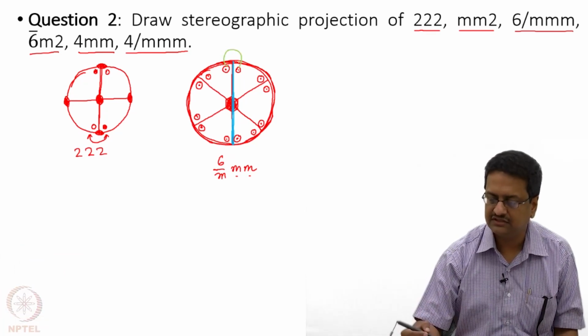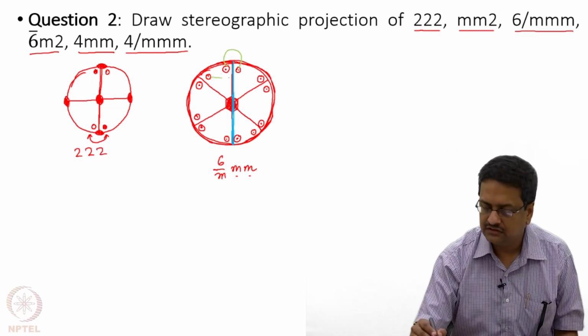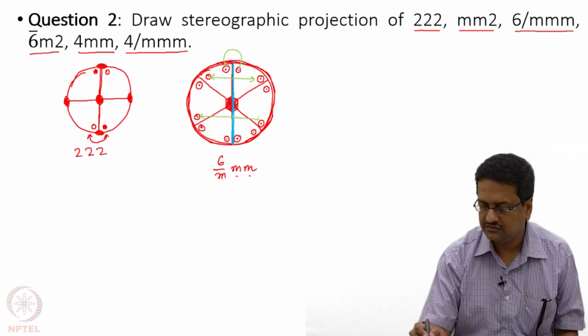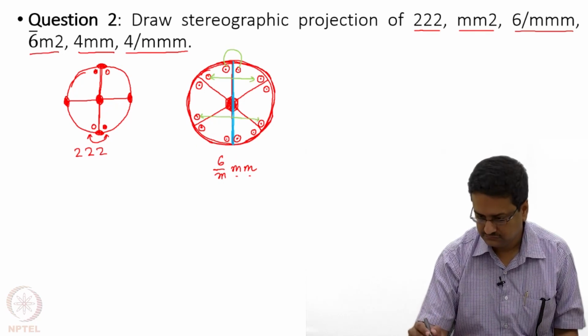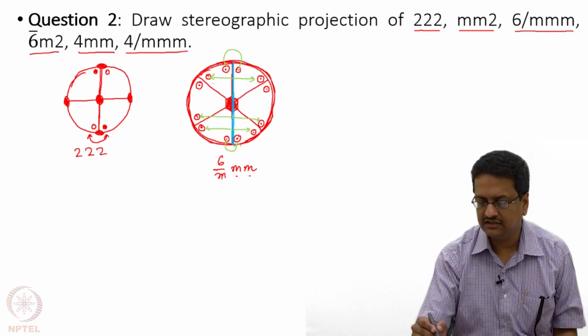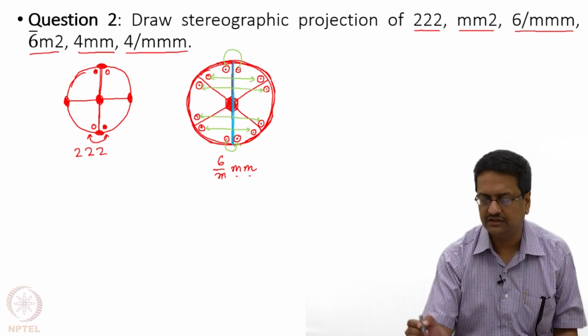These two are mirror images, these two are mirror images, here these two, and again these. Simultaneously we can easily see that these ones are also mirror images.